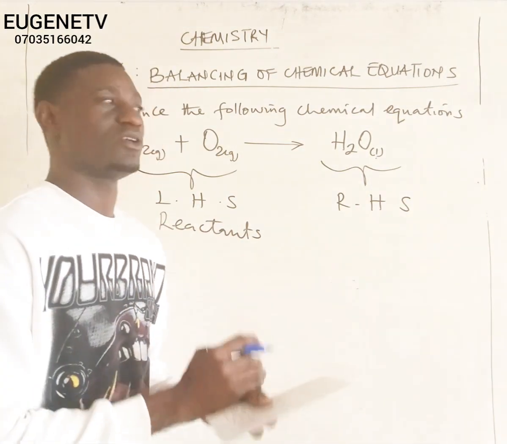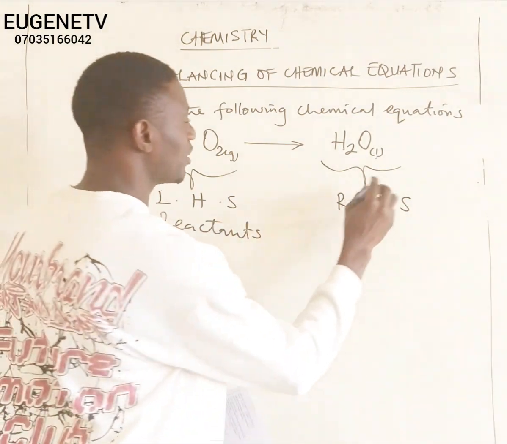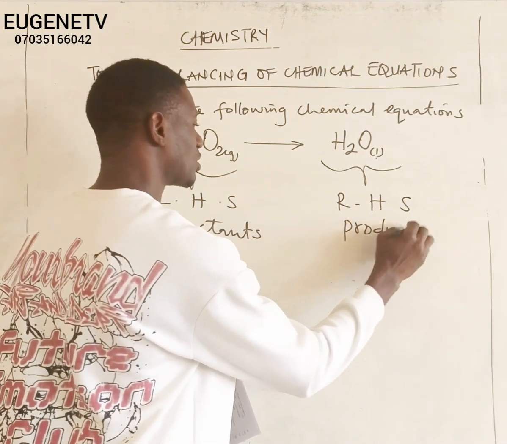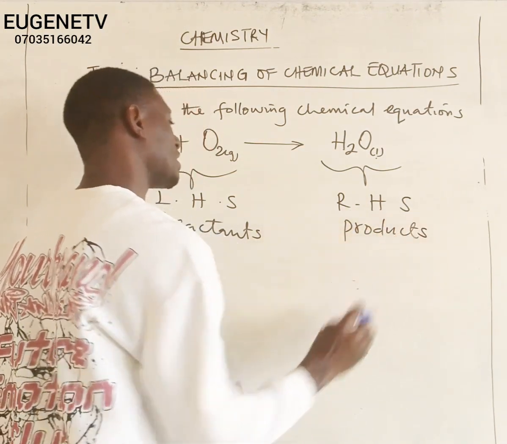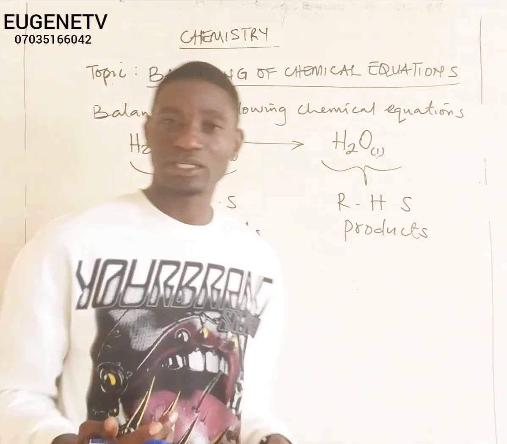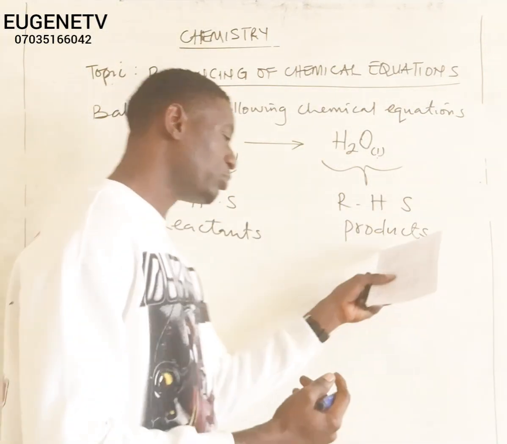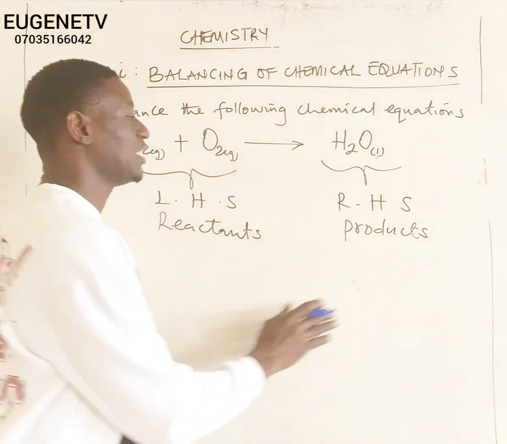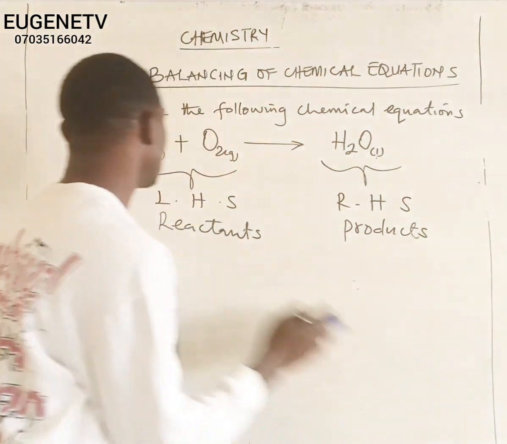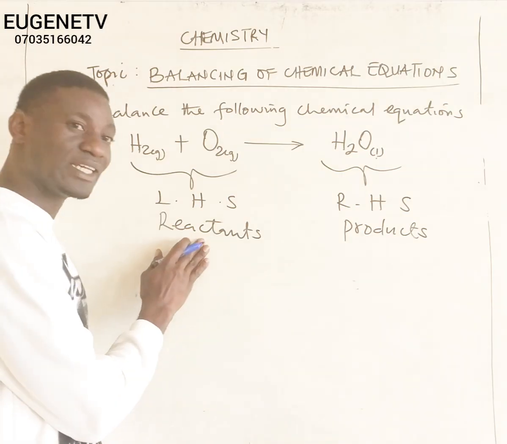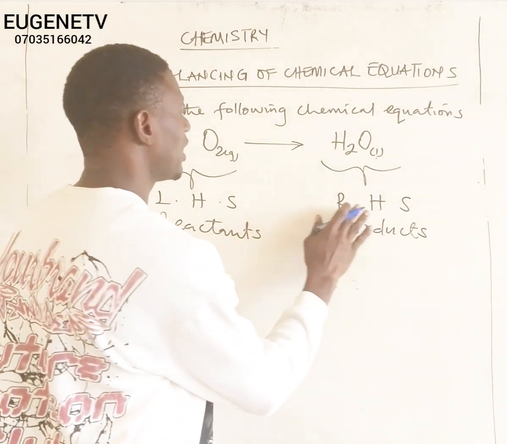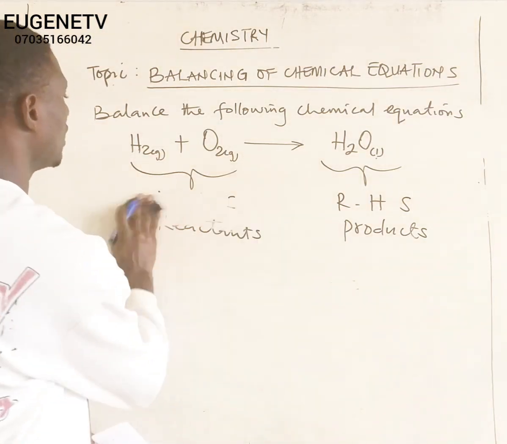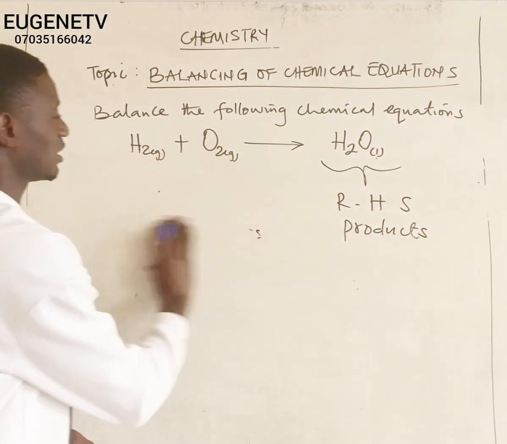The ones on the right-hand side are what we refer to as products, the substances that are being produced. So a chemical equation contains the reactant side, which is the left-hand side, and the product side, which is the right-hand side.